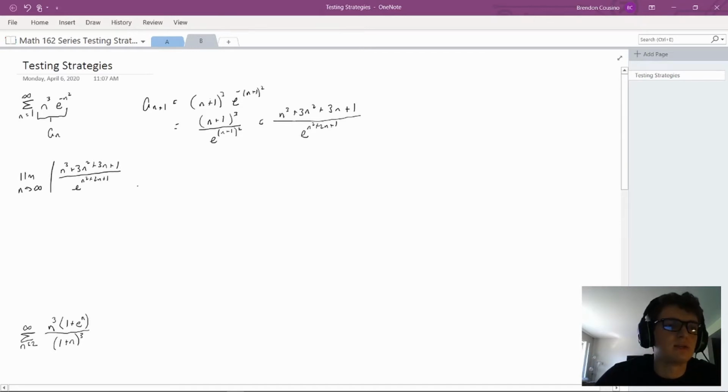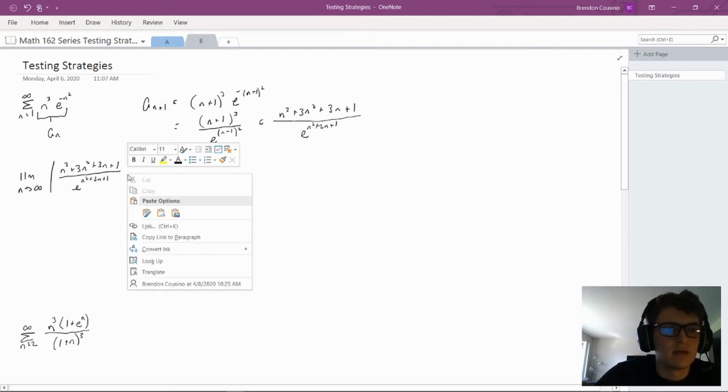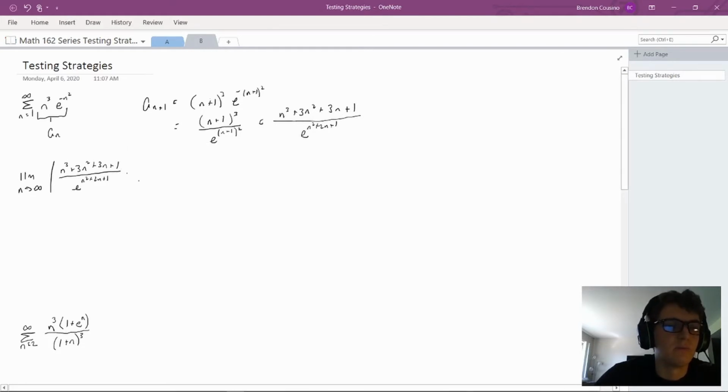And then, the ratio test is a of n plus 1 divided by a of n. So we're just going to do a of n plus 1 multiplied by the reciprocal of a of n, right? So our reciprocal of a of n is going to be e to the n squared divided by n cubed.